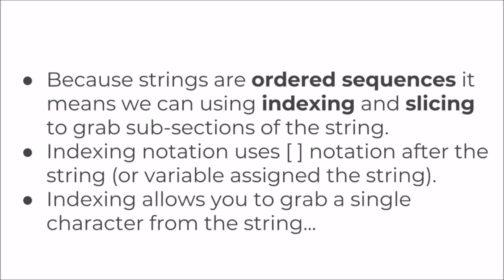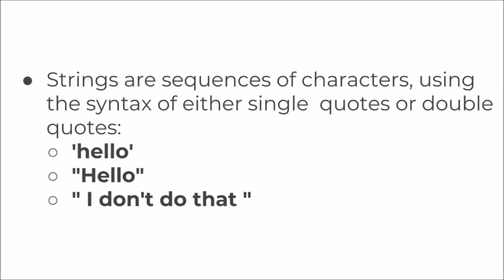Because strings are an ordered sequence, it means we can use indexing or slicing to grab a subsection of the string. Since I have 1, 2, 3, 4, 5 elements in my string, I can index the individual letters or characters in a string, or I can slice this. What is meant by indexing?